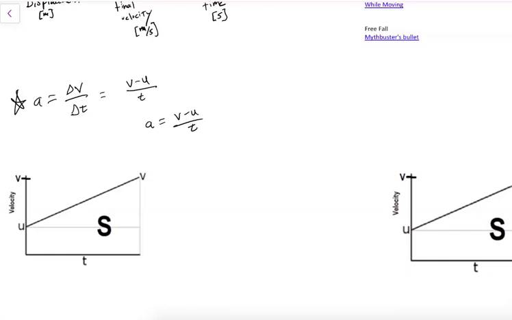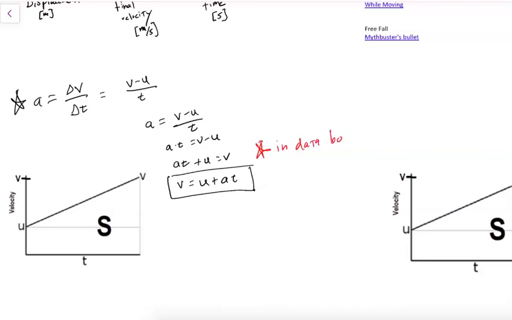If I multiply t over, I get a times t equals v minus u. Then I add u over, and I get at plus u equals v. This is going to be our first equation: v = u + at. This is in your data booklet, and it's one of the first equations of kinematics.